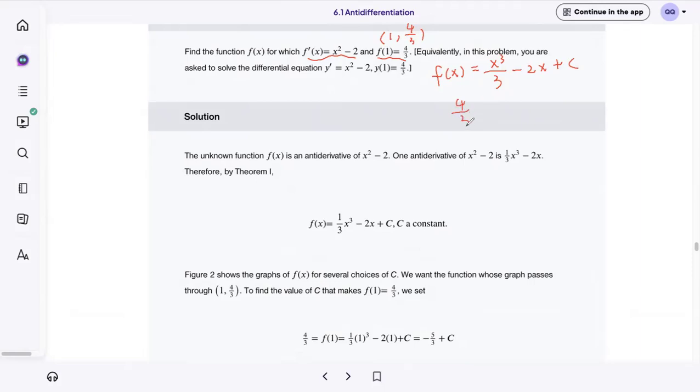So 4 over 3 equals 1 cubed is 1 over 3, 1 times -2 is -2, then plus c. So c equals 4 over 3 minus 1 over 3 plus 2. 4 minus 1 is 3, 3 over 3 is 1, 1 plus 2 is 3. So we get a specific function: f of x equals 1/3 x cubed minus 2x plus 3. How do we know? Because we're given this one point, so we can solve for c.